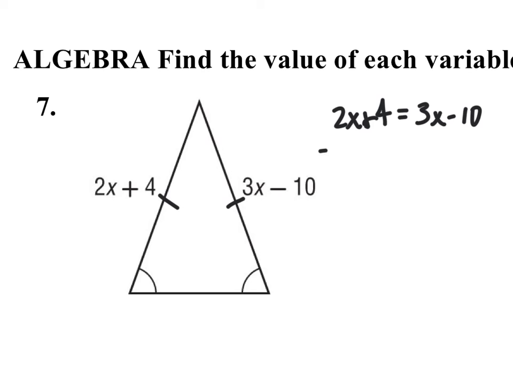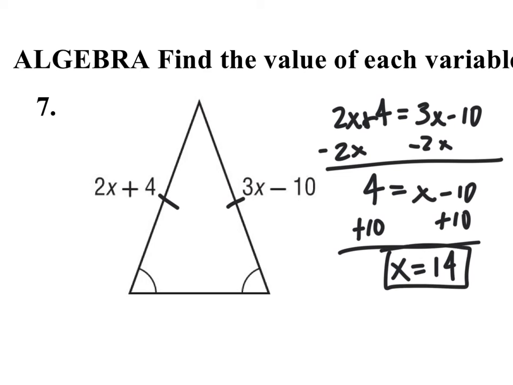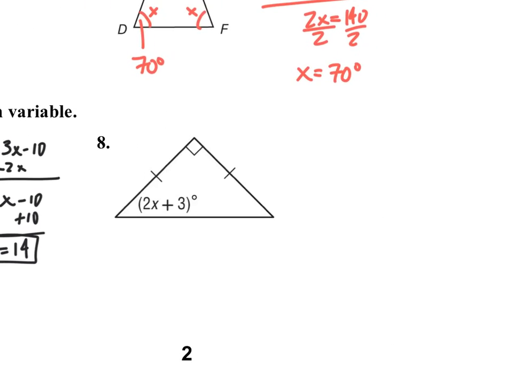I'm going to subtract 2x from both sides, and I get 4 is equal to x minus 10. If I add 10 to both sides, then I get that x is equal to 14. I'm just trying to figure out what kind of equation I can set up to make this work.